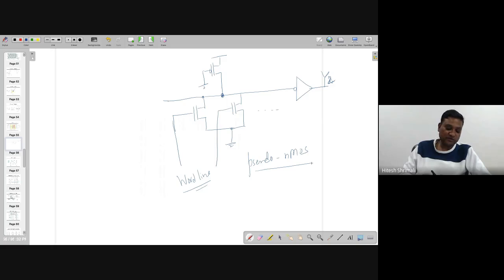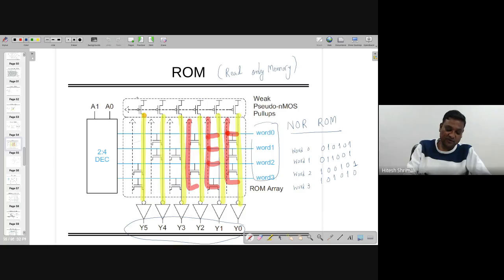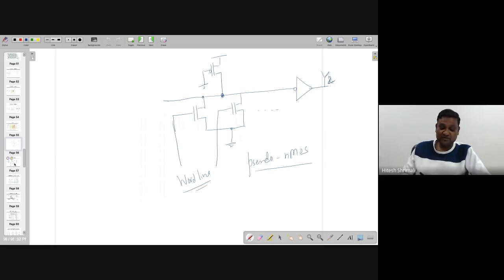It's a pseudo NMOS structure where this PMOS is a load and the gate is always connected to ground. So it's the same as the pseudo NMOS pull-up network. And if you look at the structure, this combinational logic, if this is, let's say, W0, W1, and so on, is going to make W0 or W1 or, and not of that.